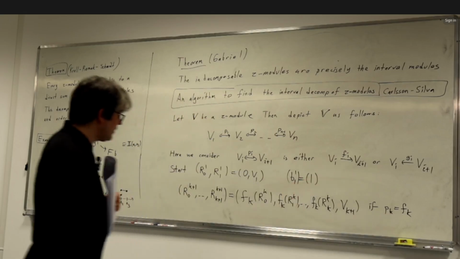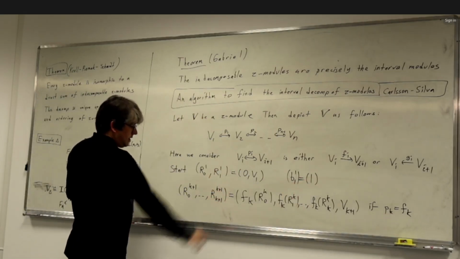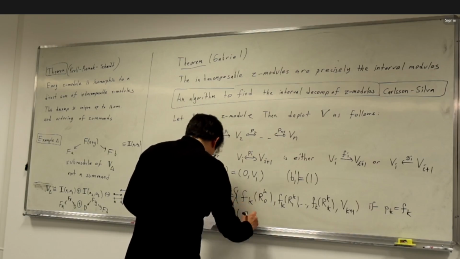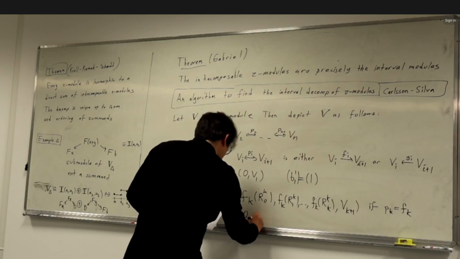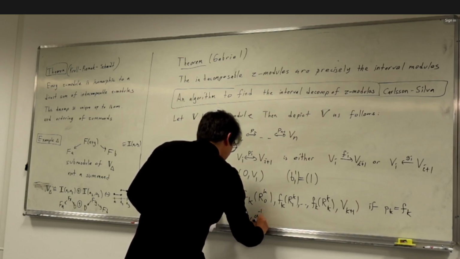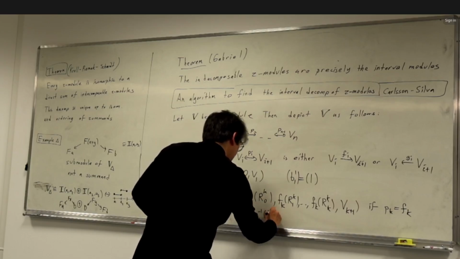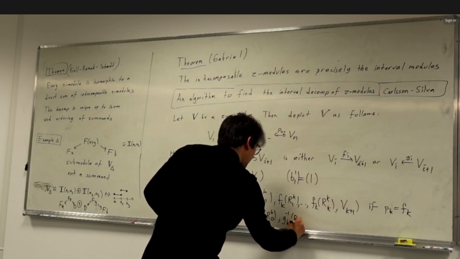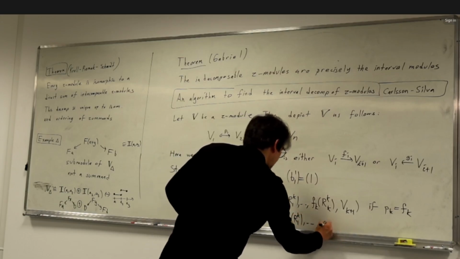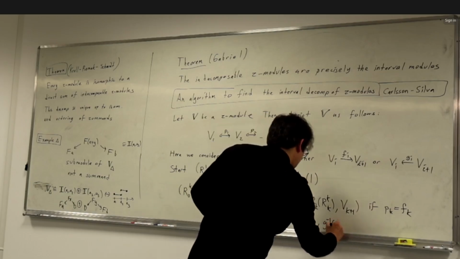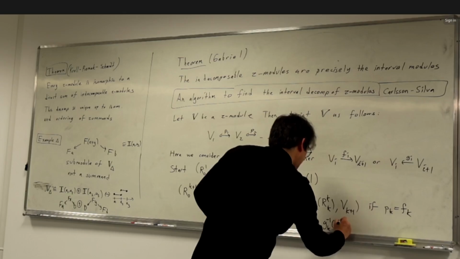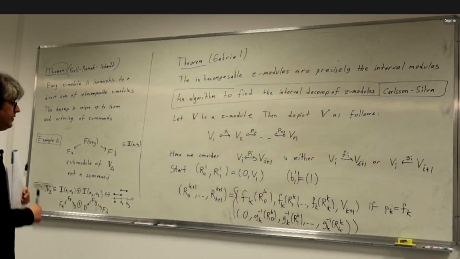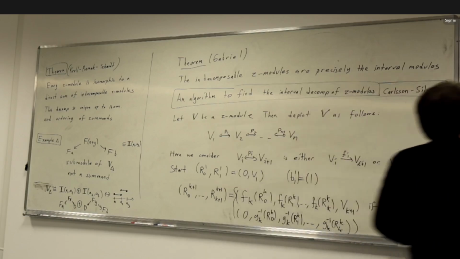So if it's a forward map, you define the next step like this. If it's a backward map, you put 0 here, and then you take G_k inverse R_0^k, G_k inverse R_1^k, and G_k inverse R_k^k. So you define like this. And then how do you define these B's?